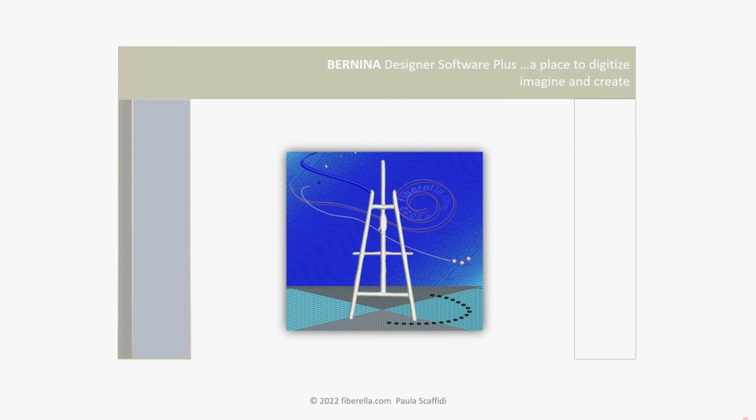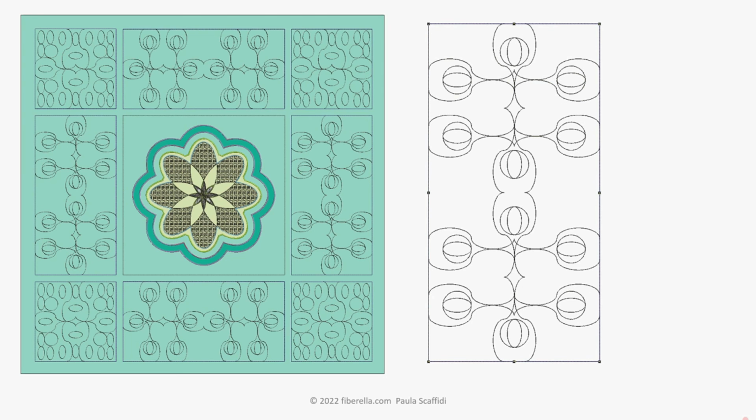Bernina software is useful to imagine a wide range of different kinds of projects, perhaps more than you may realize. I hope you'll come back to Fiberella.com and see some of the other ideas being presented.